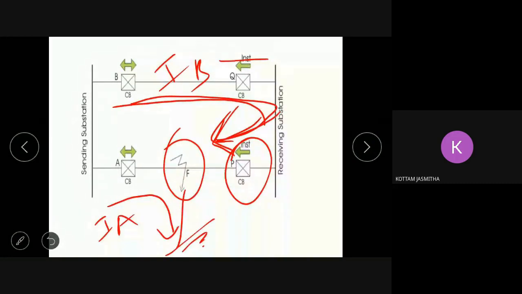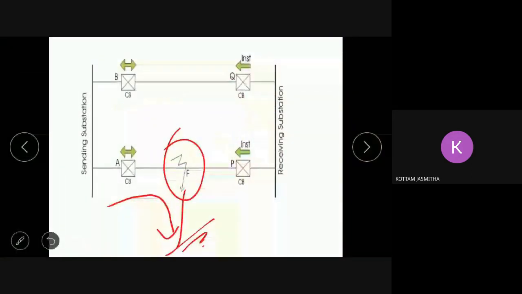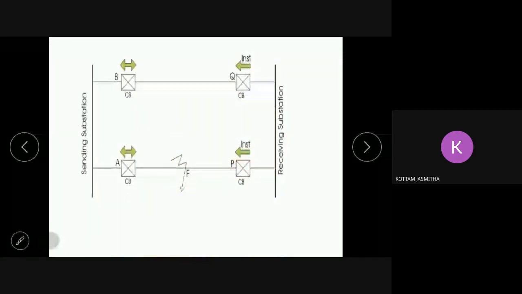Previously, in the normal case, the direction of the current is this one, now it is this one. So the relay gets energized and operates, which opens the circuit breaker. Once this circuit breaker is operated, the line will be disconnected. Again, when it is healthy, it is connected to the system again, right?